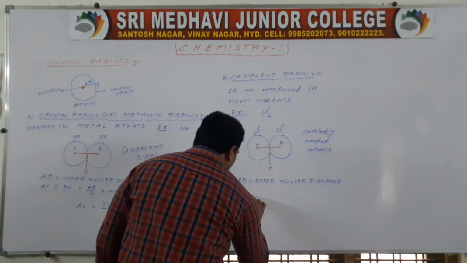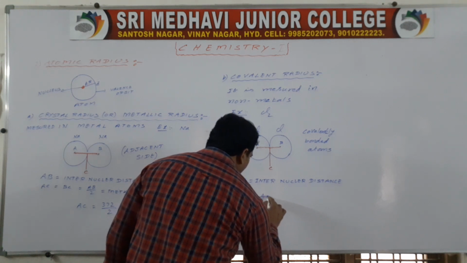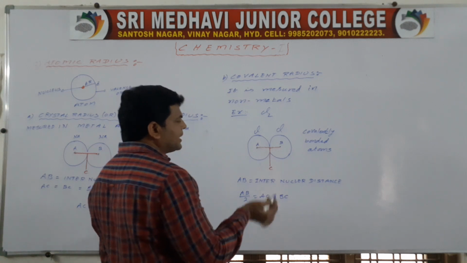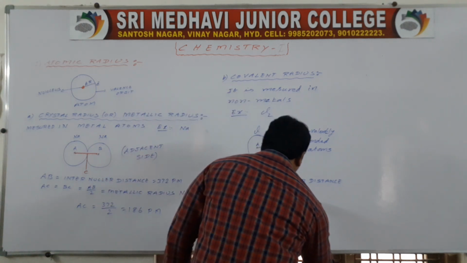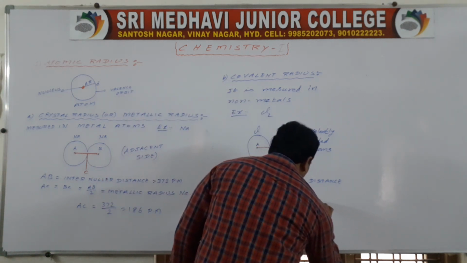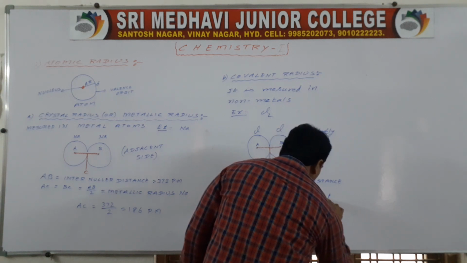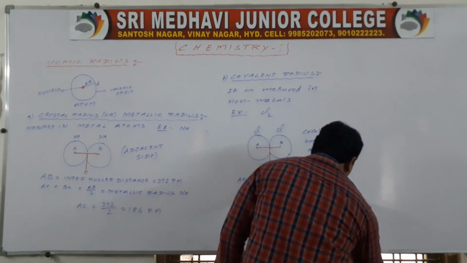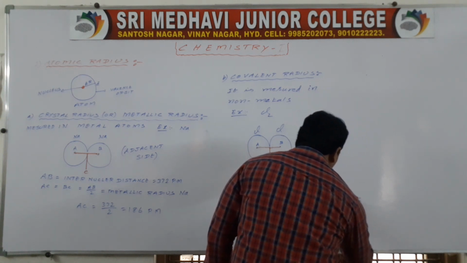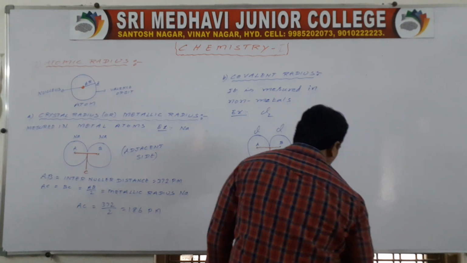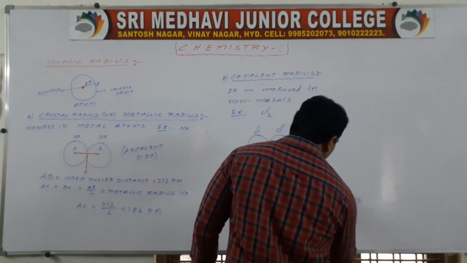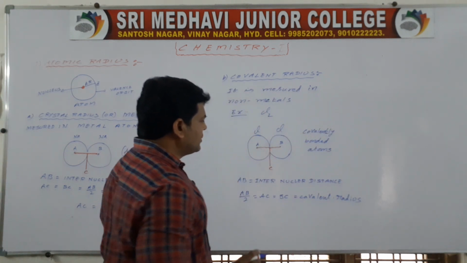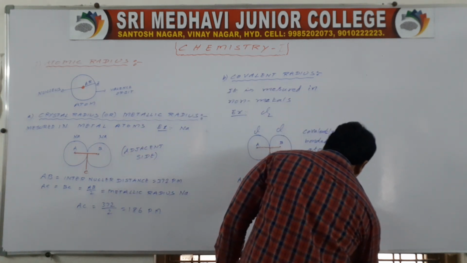Then AB by 2 equals AC, which equals BC, and that is the covalent radius of chlorine.